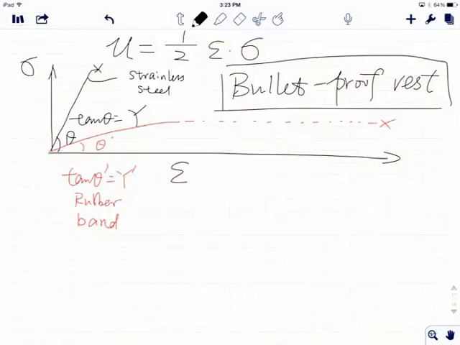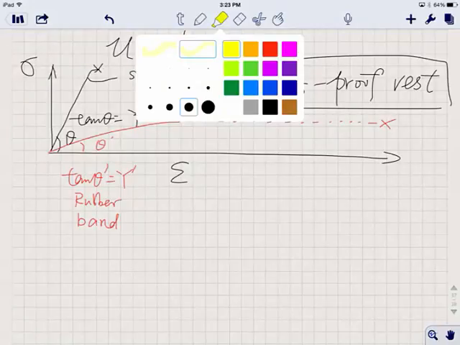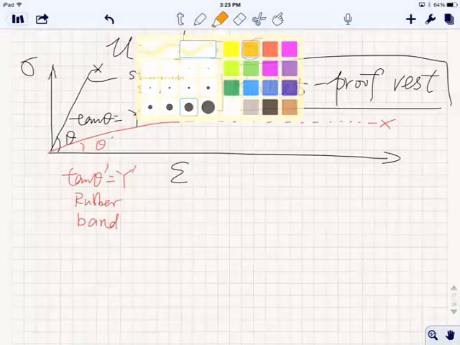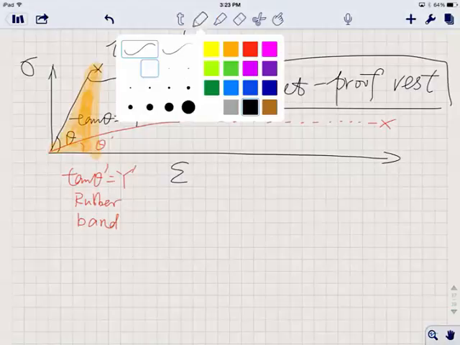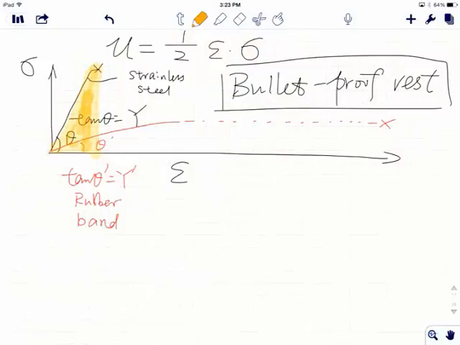All right, the concept of strain energy means the area underneath this stress and strain curve. So, for example, this thing over here, let me use a highlighter, let's say orange. Okay, so whatever this orange is, if you calculate the area, it's a triangle, right?